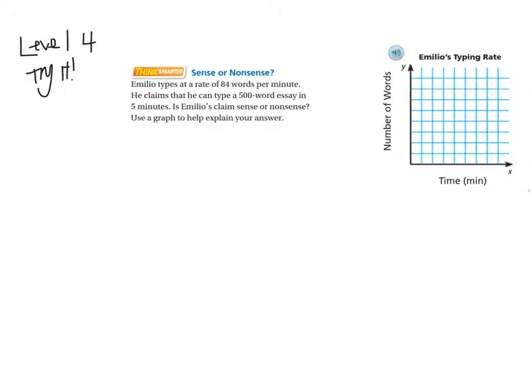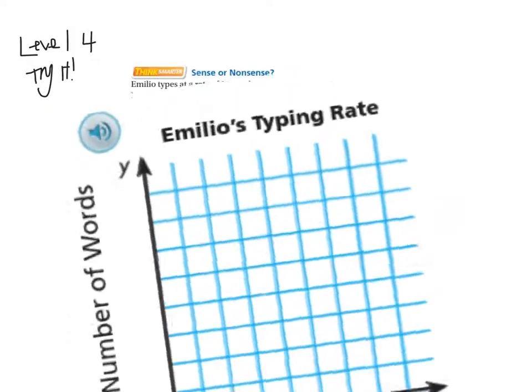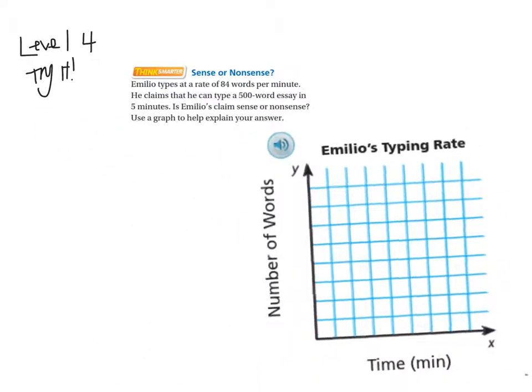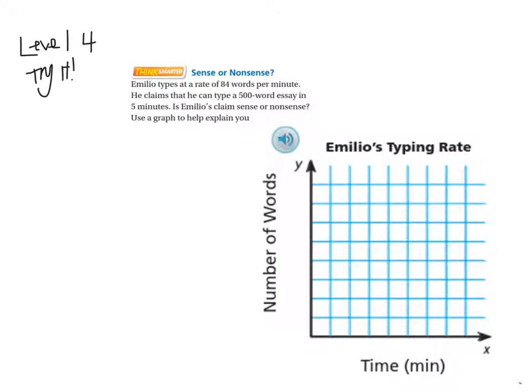Okay, so I'm going to go ahead and draw on this graph here. I can't remember if they're connected. Nope, they're not. Perfect. There we go. Increase the size there. Okay, so Emilio can type in 1 minute 84 words. So in 2 minutes, I got to do some multiplication over here.